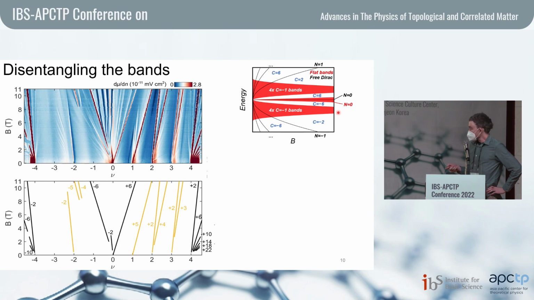On the other hand, in the red, there's not much evolution of the flat bands themselves. The only thing that really happens that's noteworthy is that one can start to observe the 2 n equals 0 Landau levels that are associated with the bilayer graphene sector of the twisted trilayer graphene.